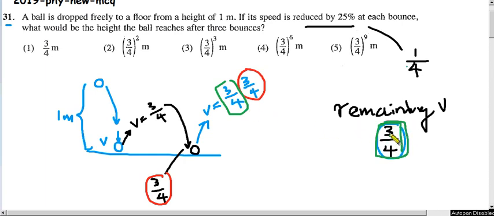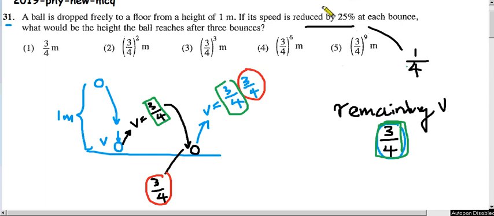So 3/4 times 1 here. We can say 1 because this one we take as 1.